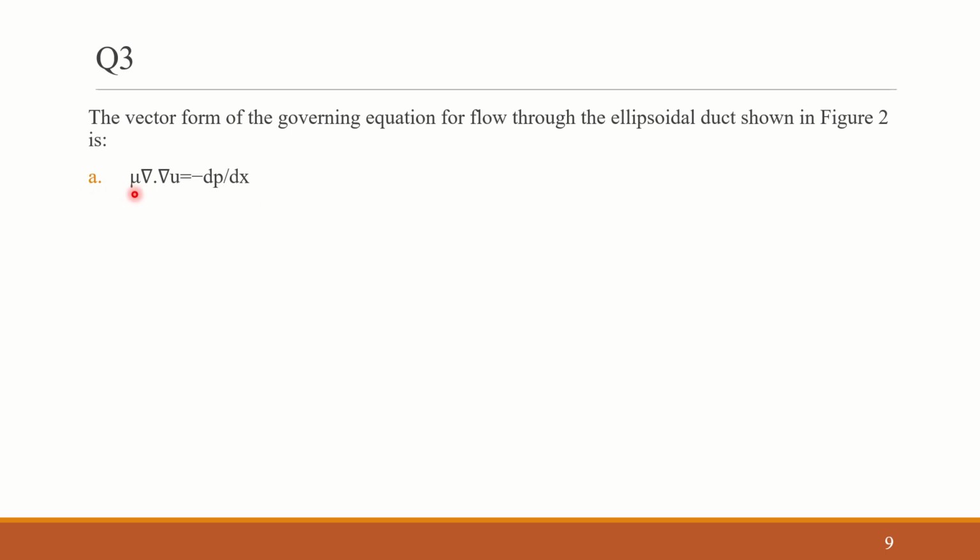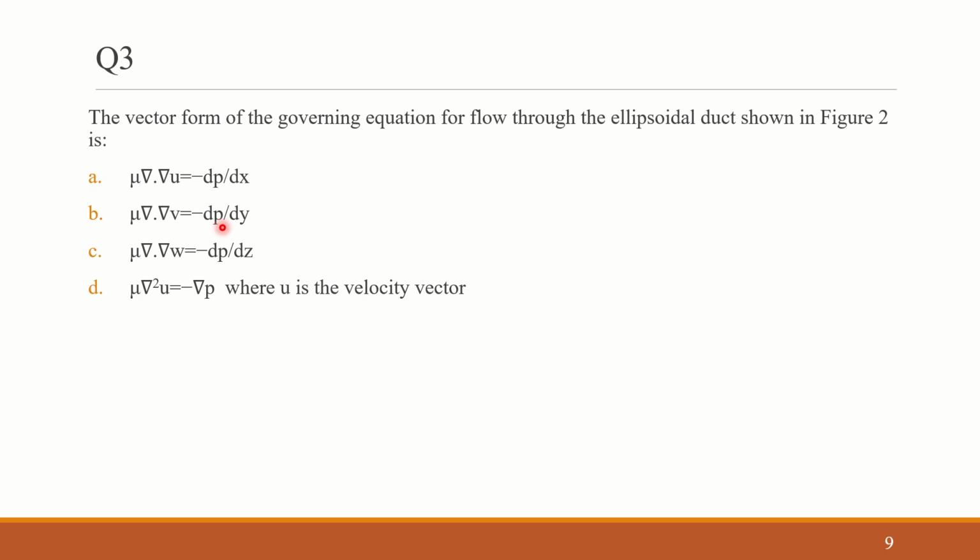Option A, it is mu into del dot del u equal to minus dp by dx, option B, it is mu into del dot del v equal to minus dp by dy, option C, it is mu into del dot del w equal to minus dp by dz, and option D, it is mu into del square u equal to minus delta p. In the last option, u is the velocity vector.